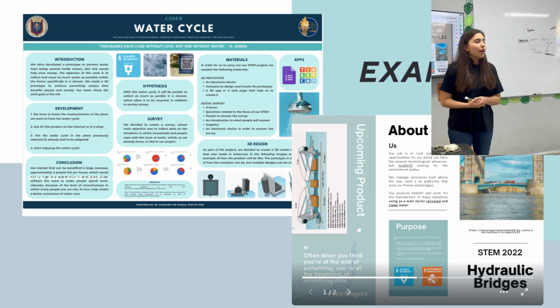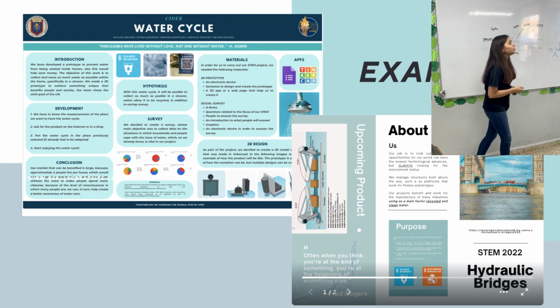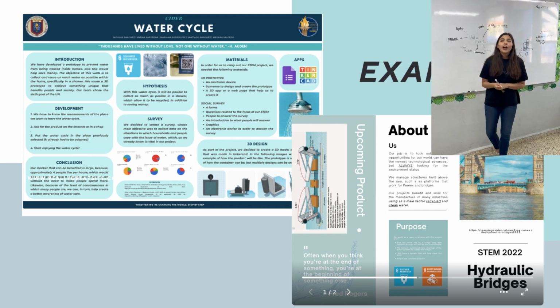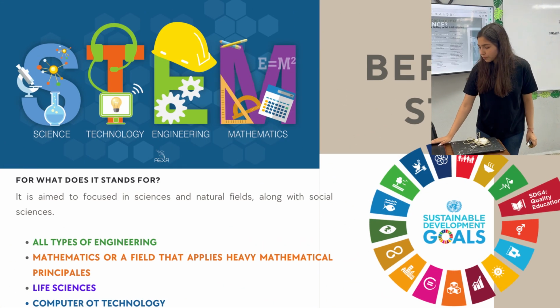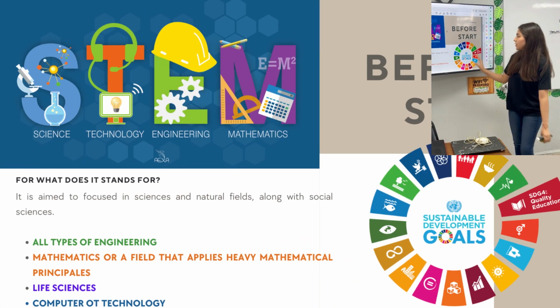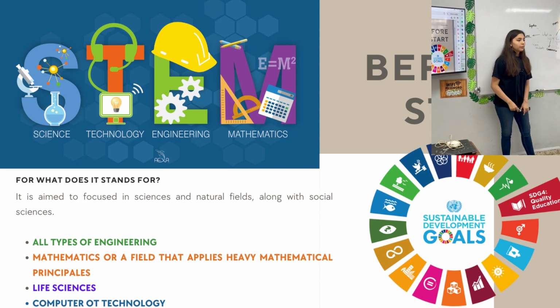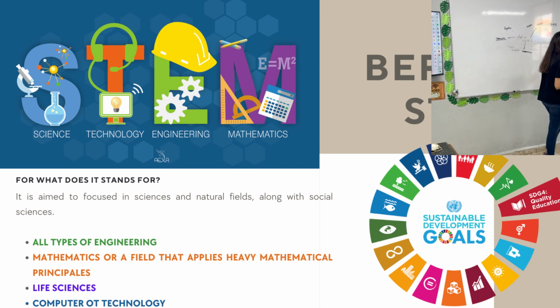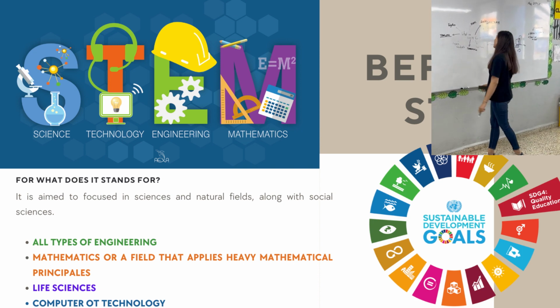Now, I'm going to let you think about a possible solution. For example, let's go back to these UNESCO goals. Quality of education. Your problem is quality of education. What is a possible solution for quality of education?